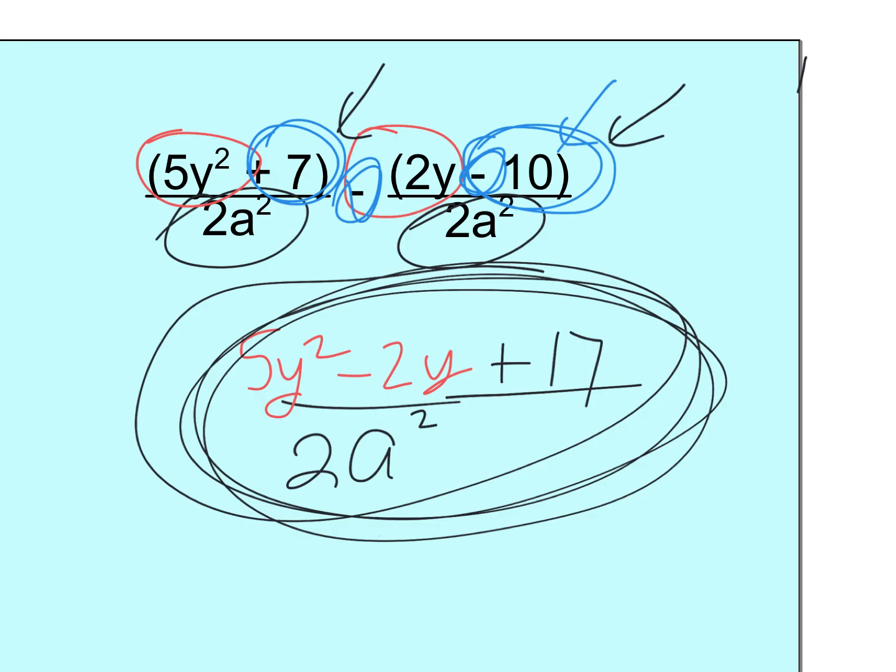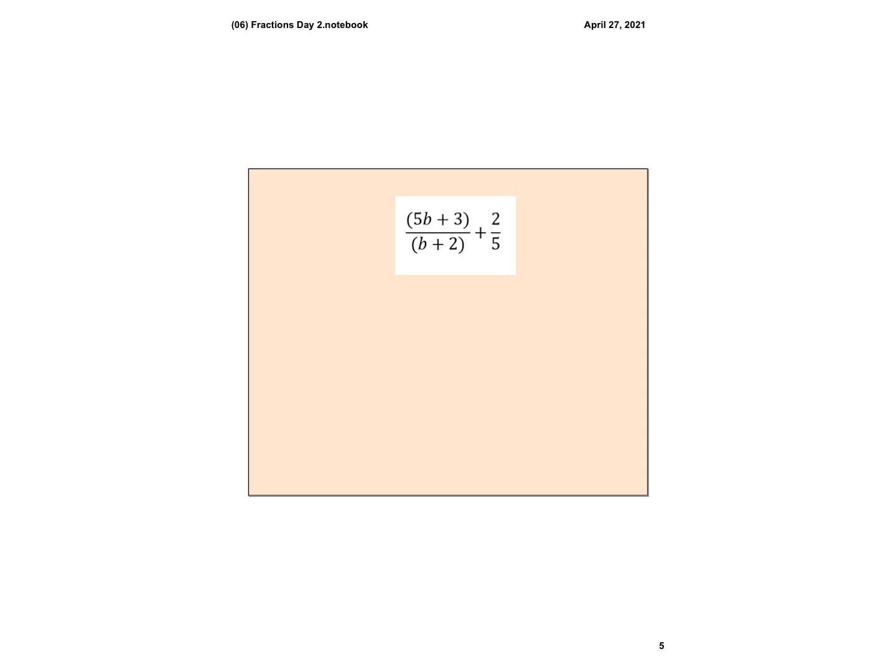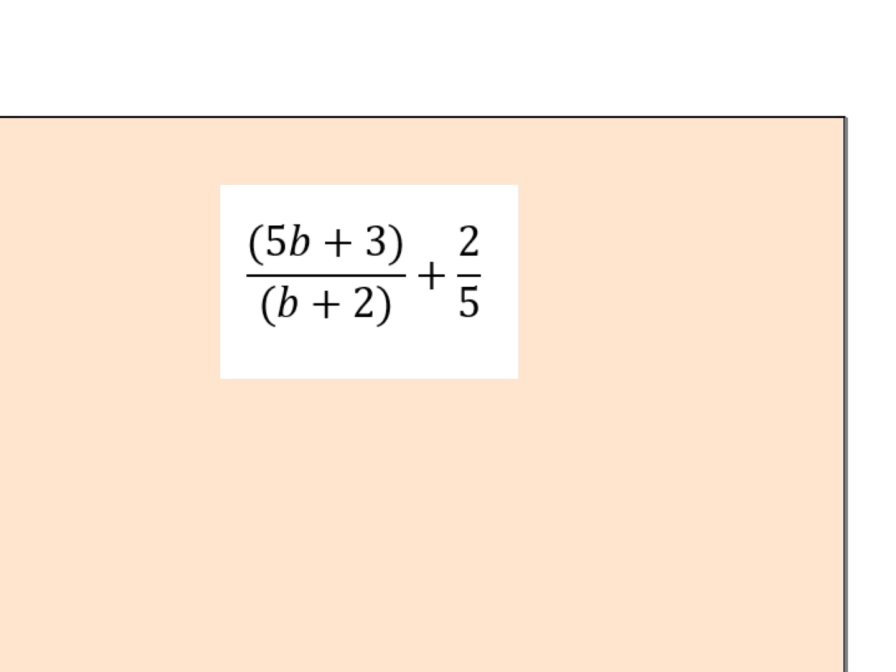Okay. Now, I'm going to get to one of those tough kind like I just did a minute ago, that does not have a common denominator. You got to think, okay, what do I want the common denominator to be? And what should I multiply by to get there?